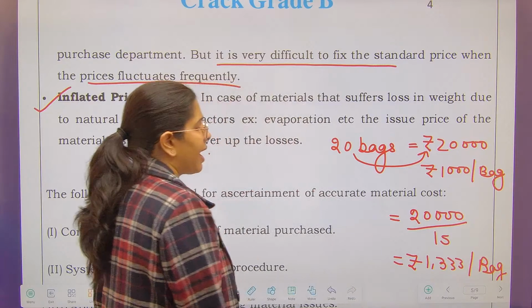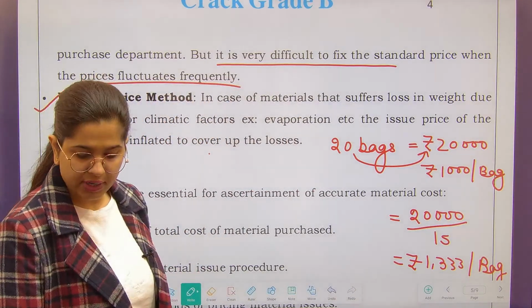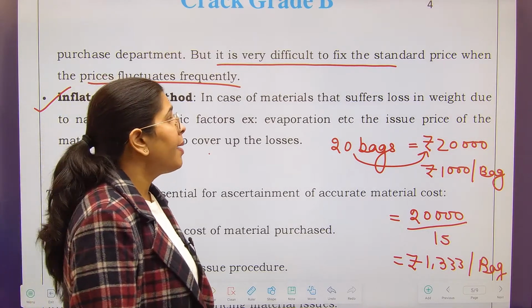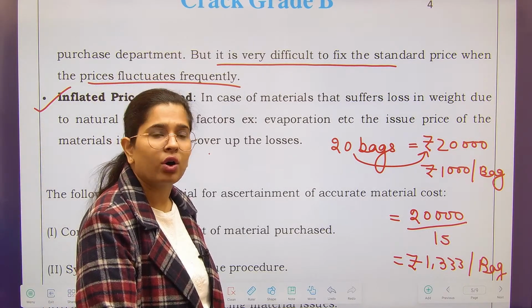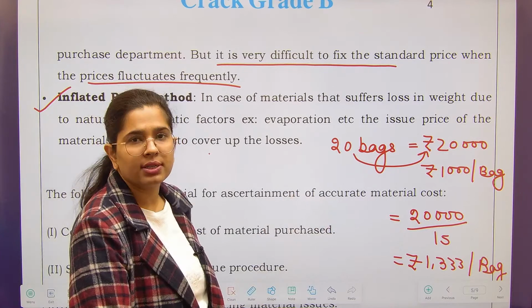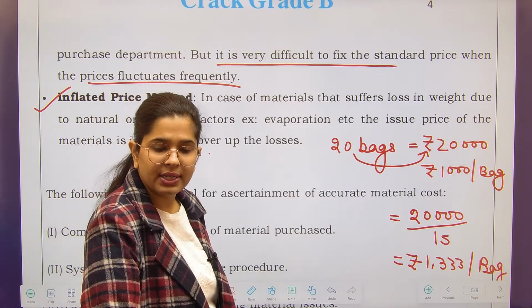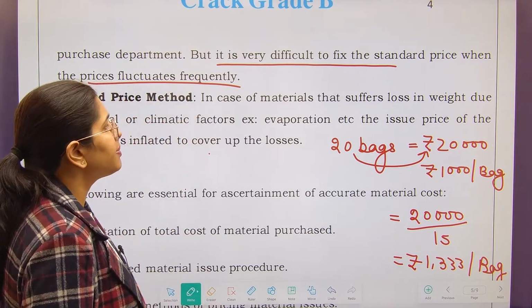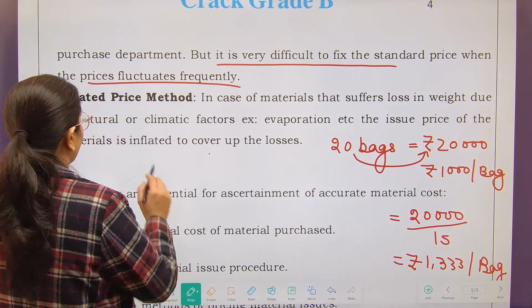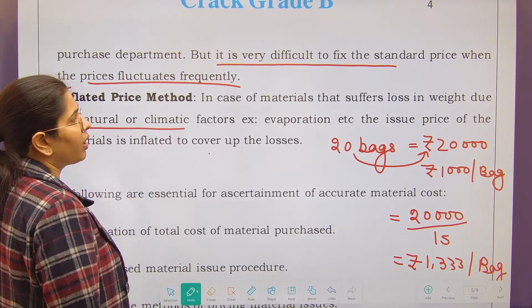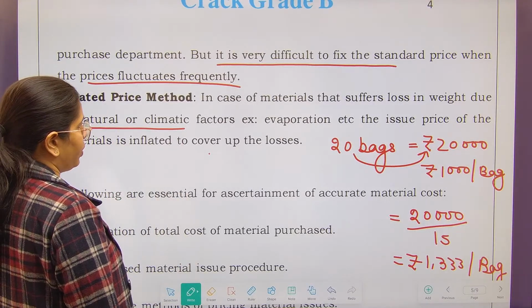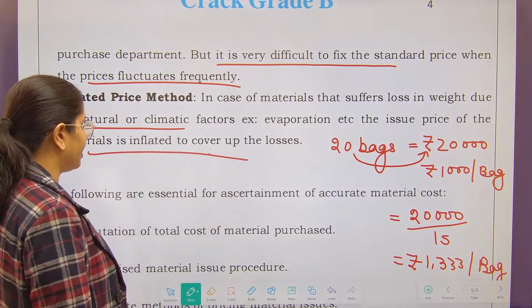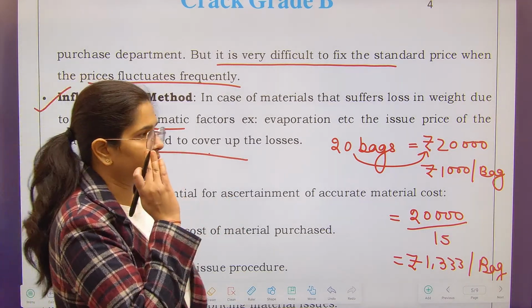Why? Because I have added the cost of destroyed bags to the good bags. I have to consume the cost somewhere, I cannot leave it as it is. Hence the inflated price method says that in case material suffers loss in weight due to natural or climatic factors like evaporation, the issue price of material should be inflated to cover up for the losses.